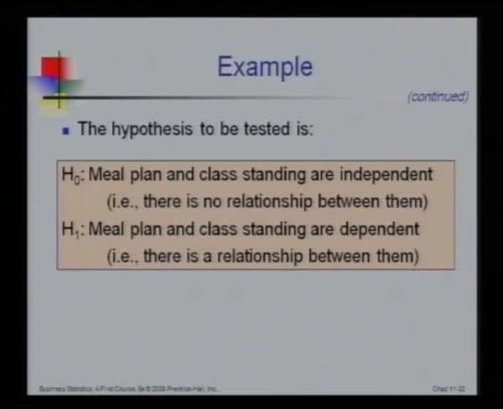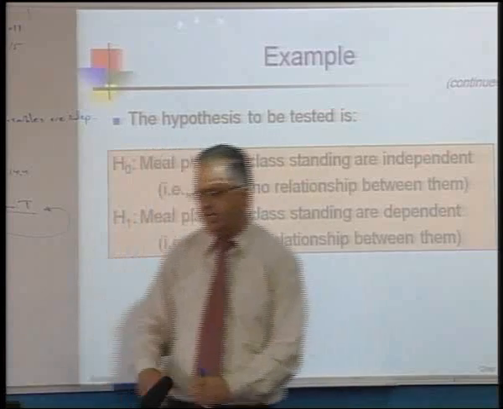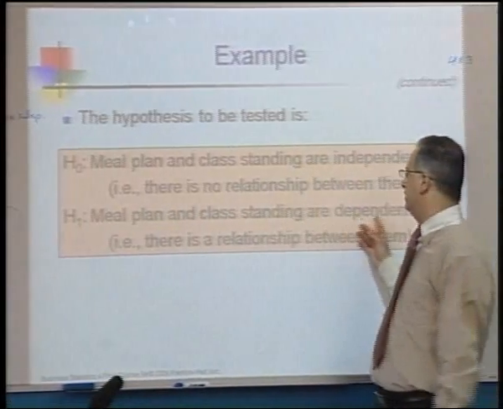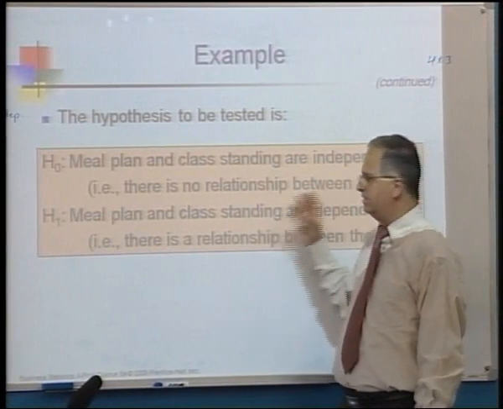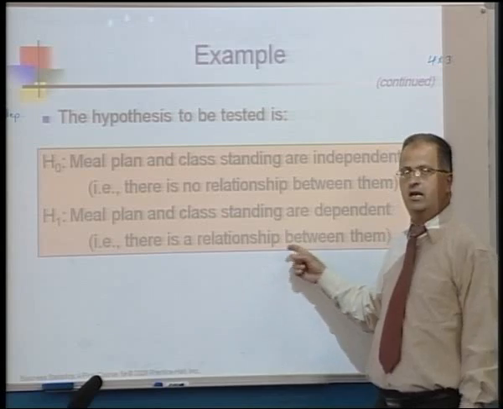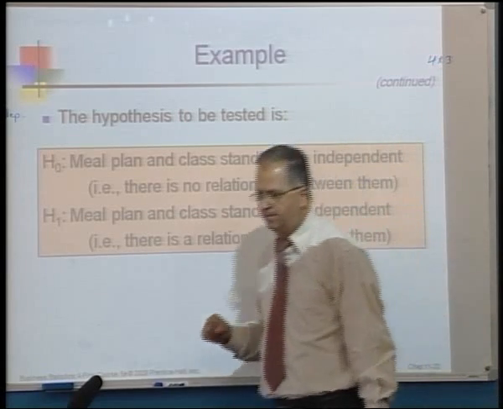Here again, the hypothesis to be tested is that meal plan and class standing are independent. That means there is no relationship between them. Against the alternative hypothesis, meal plan and class standing are dependent. That means there exists a significant relationship between them.